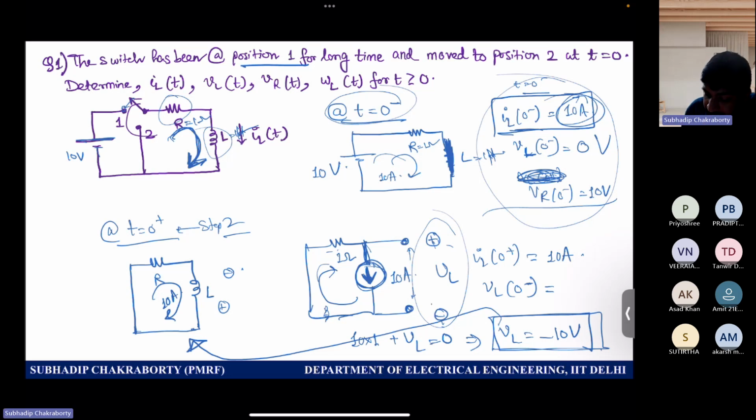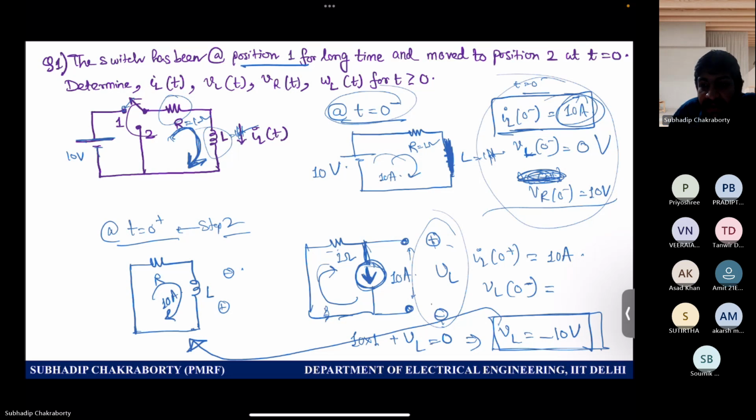So it is automatically telling you mathematically that the voltage across the inductor is reversed, just by writing the KVL loop equation. Why? To maintain the same current. This is the thing that it is telling you, right?